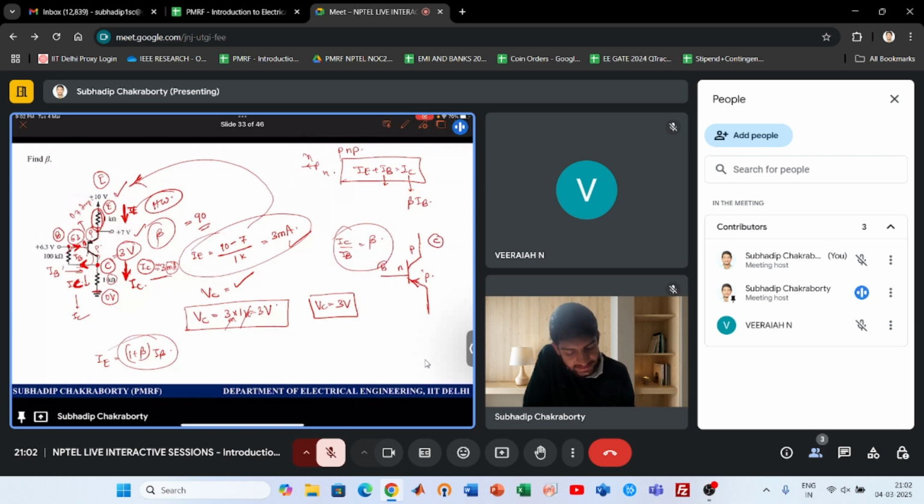So this is the collector, this is the base, and this is the emitter. Now what I know, I need to forward bias the base emitter junction, and I need to reverse bias the collector and base junction. So I reverse bias with obviously some resistances.